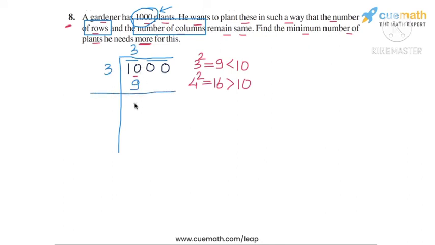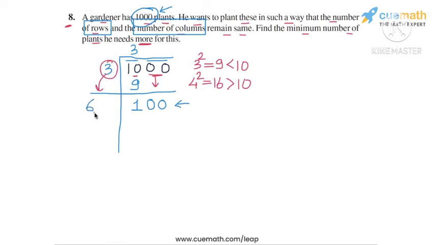Now 10 minus 9 is equal to 1, and we take these digits 0 and 0 and bring them down, and that gives us the dividend for the second step as 100. To find the divisor in the second step, we take this first divisor and double it, and that gives us 6.